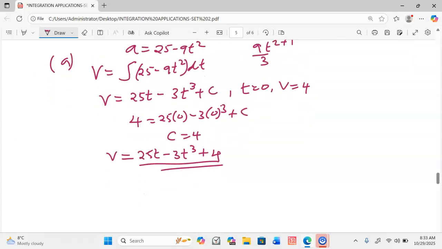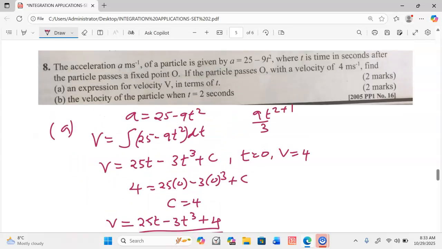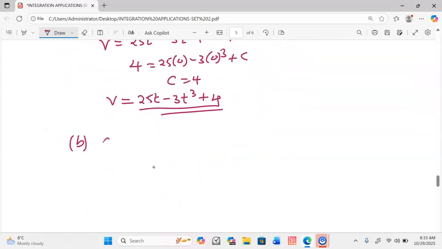Then we move to the second part, which is b. In b, they want us to calculate the velocity of the particle when t equals 2 seconds. And in this case, we can say at t equals 2 seconds, then the velocity is going to be 25 times t, which is 2, minus 3 times t, which is 2, then cubed, plus 4.